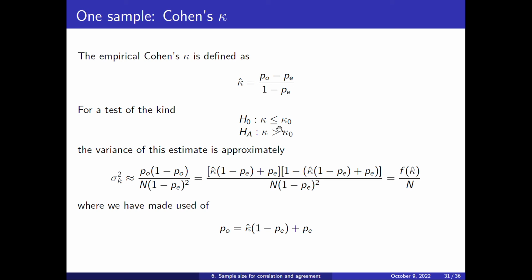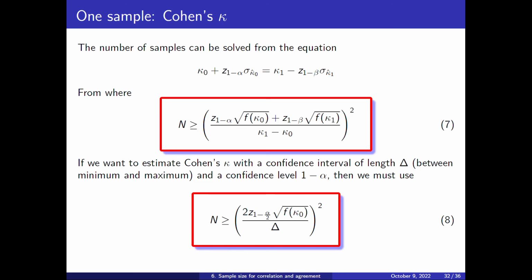The variance of this estimate of kappa can be calculated like this, and can also be calculated like this, and at the end, it is some function of kappa divided by n. Now we can use Gaussian tools to calculate the sample size.